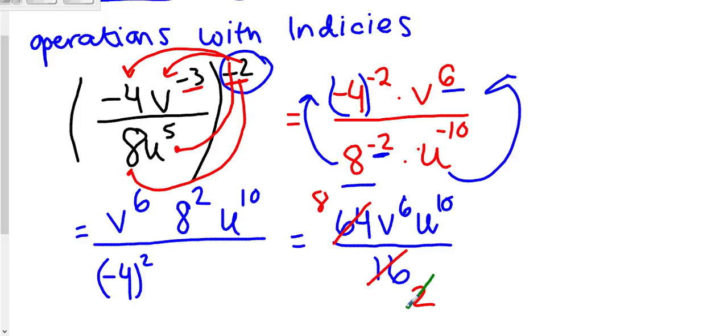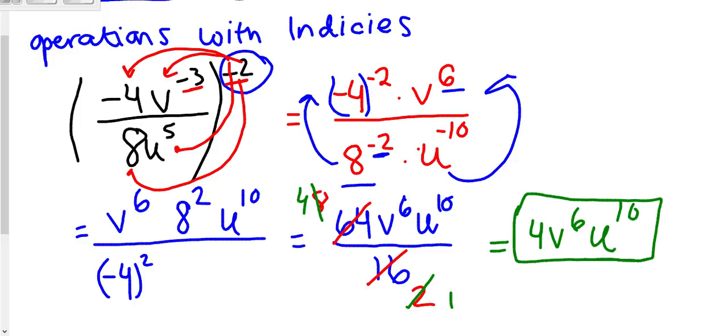So 2 goes into 2 once, and then 2 goes into 8 4 times. So we just have 4v to the 6th, u to the 10th. And that would be our final answer. So we went from this crazy problem all the way down here.